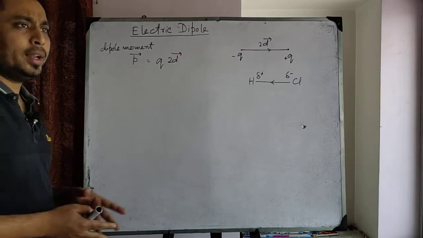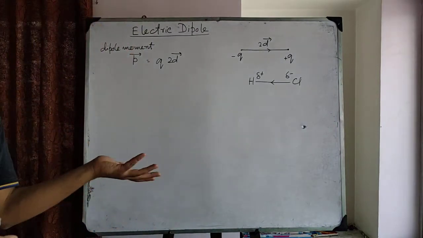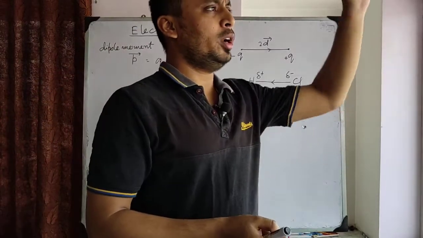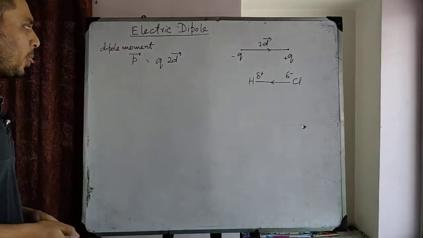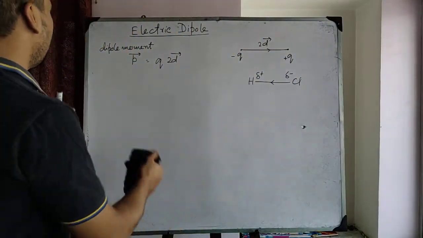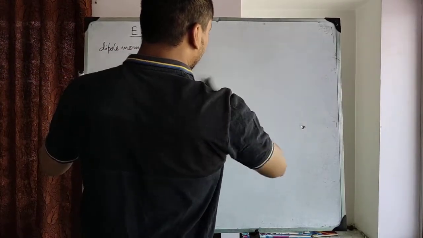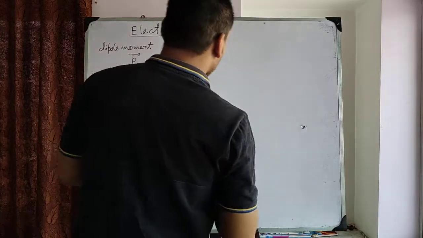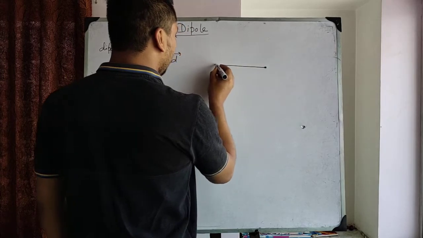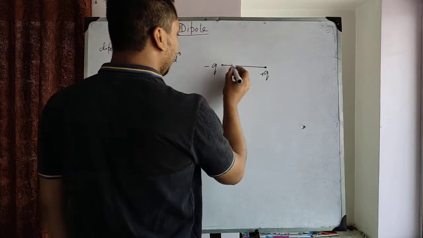Now we have to find the electric field due to this dipole at any axial position and also at a point on its equatorial plane. First, take the case of the axial point. So this is the dipole moment. We have taken two charges minus q and plus q separated by a distance 2d.